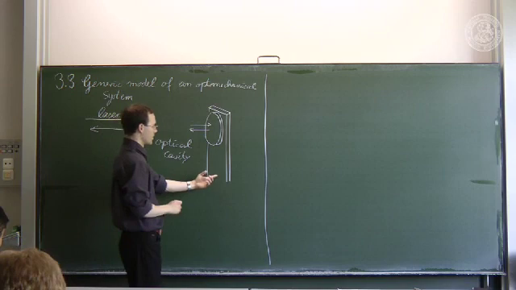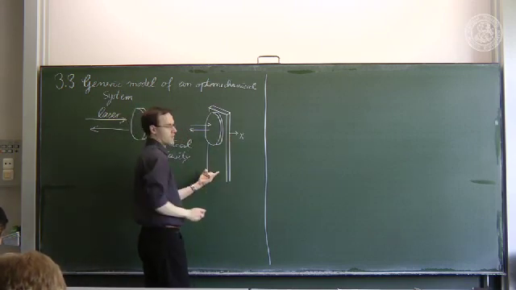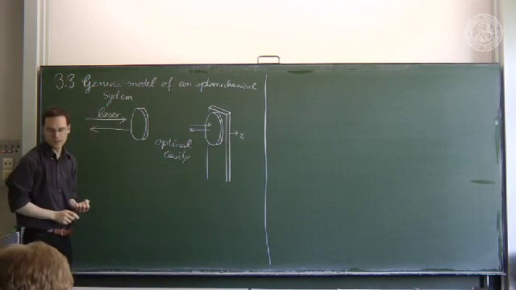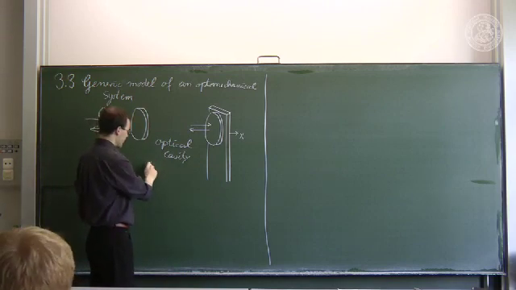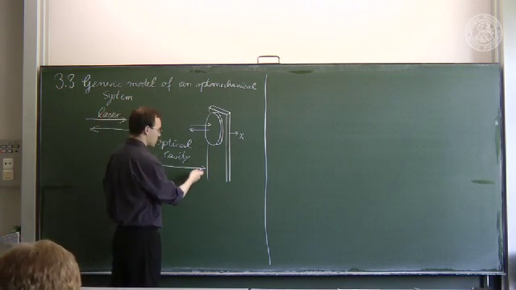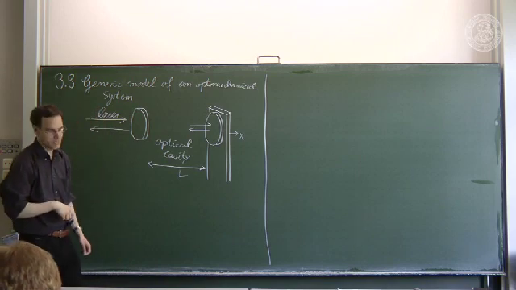So in the end, of course, an important variable will be the displacement of this mirror. Let's call it x, and then you can imagine that sometimes it will be important to relate this displacement to the overall length of the cavity. Let's call that L.